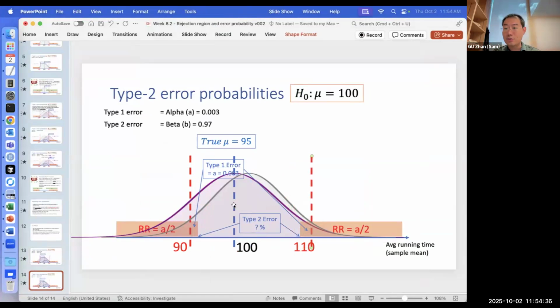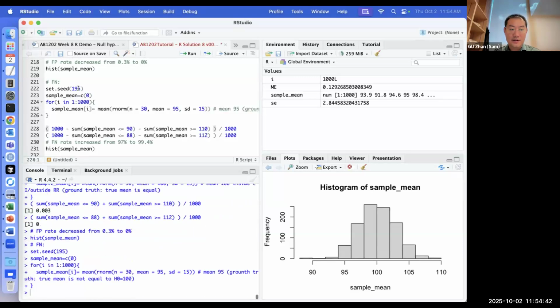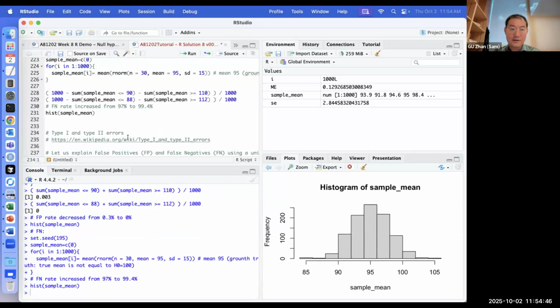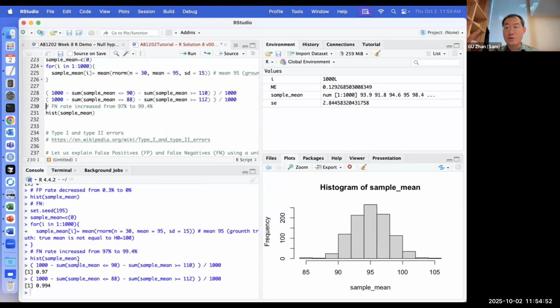So the area under this blue curve gets larger. The mean is centered at 95. Earlier it was 97%. Now with 88 and 112, you are seeing that it increased further to 99.4%.